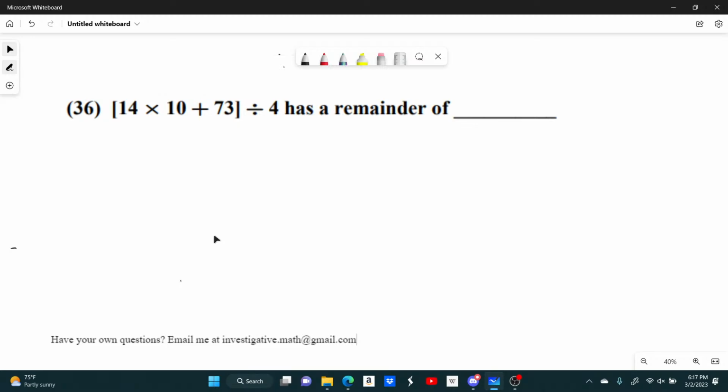So 14 divided by 4 has a remainder of 2. 10 divided by 4 has a remainder of 2. 73 divided by 4 has a remainder of 1, right? Because 72 is a multiple of 4. So 2 times 2 is 4, plus 1 gives you 5. And 5 divided by 4 is a remainder of 1.